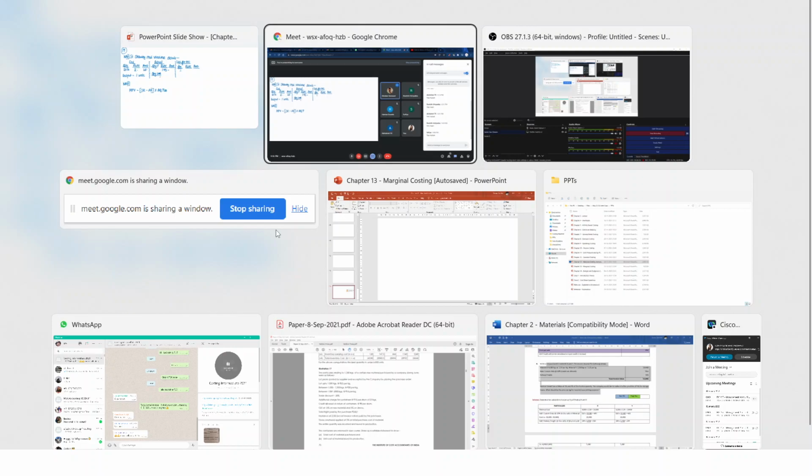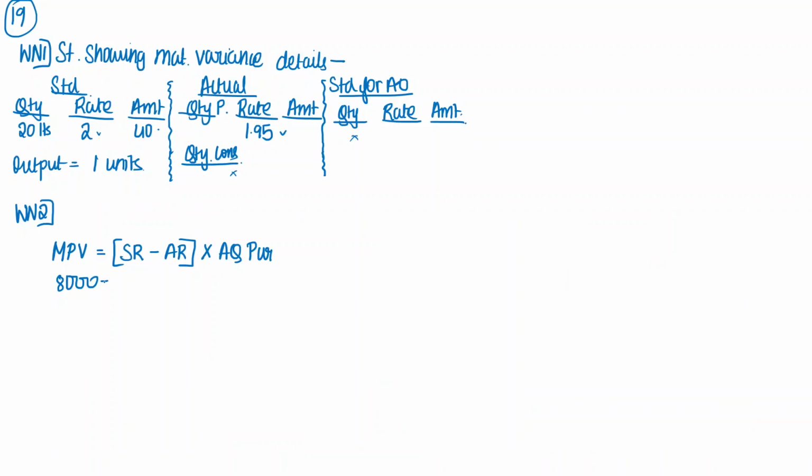MPV is given to you as 8,000 favorable. So 8,000 is equal to standard rate 2, actual rate 1.95 into actual quantity purchased. So actual quantity purchased is equal to 1,60,000 liters. This I write here with a different pen, 1,60,000, from working note 2.